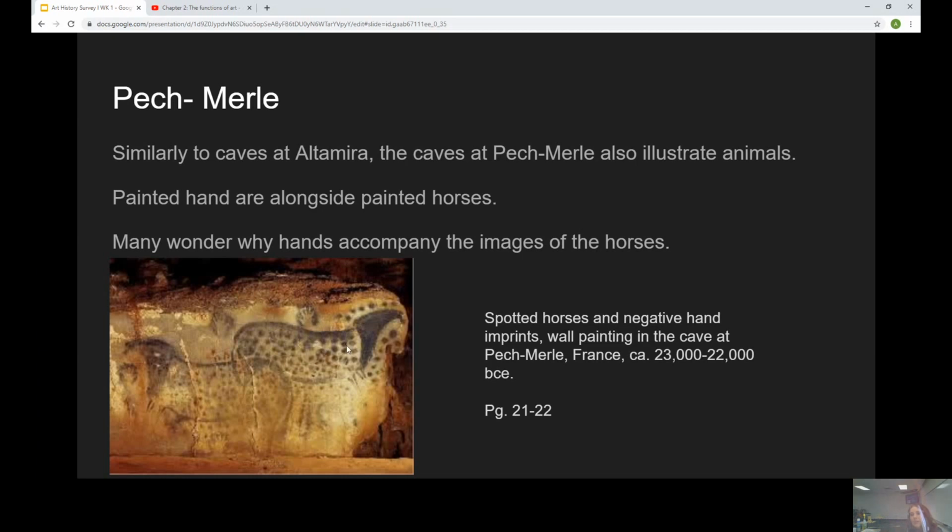So in Peckmerle, most of these images were done with hollowed out bones and blown on powdered pigment, versus the last one, which was painted with wet pigment. Similarly, these would have been hand painted, very roughly done. However, instead of bison, we have horses now.